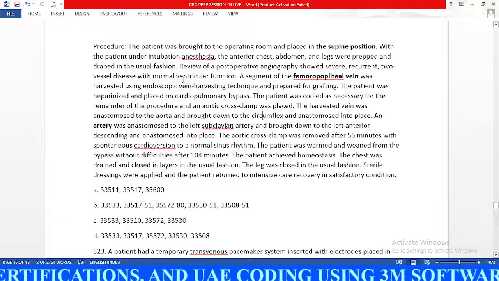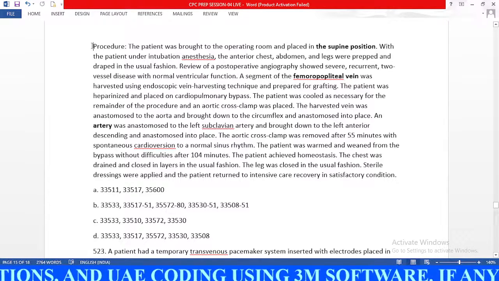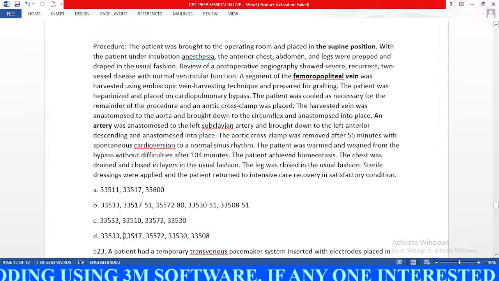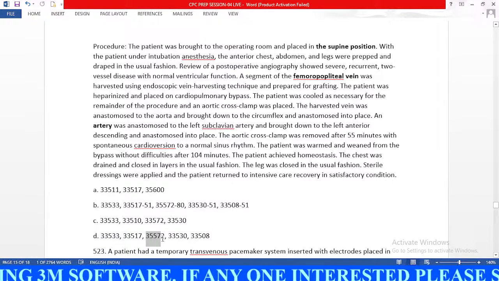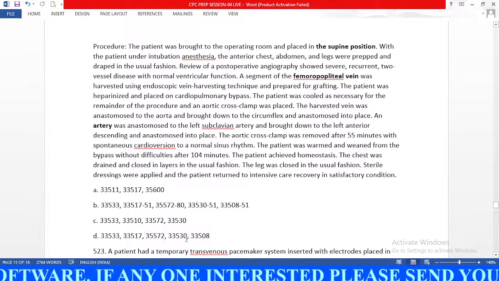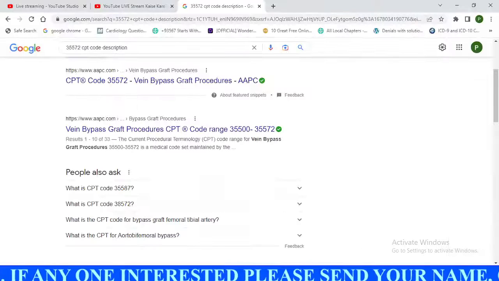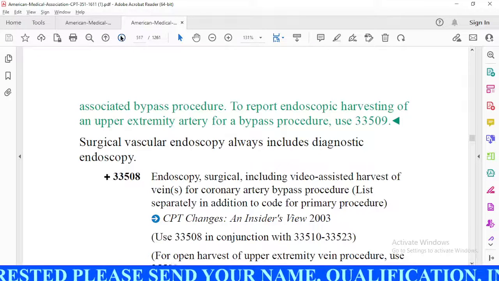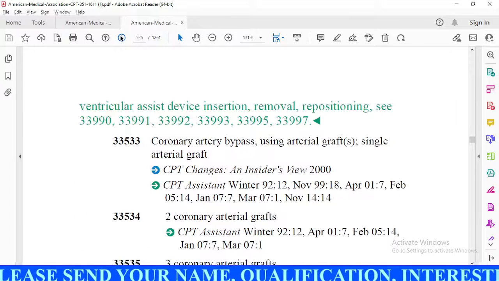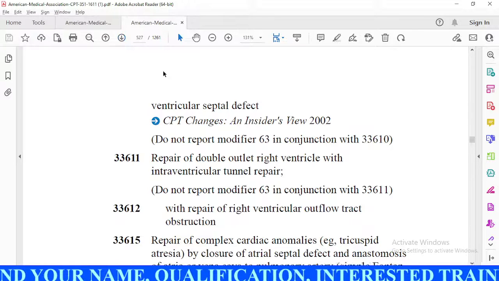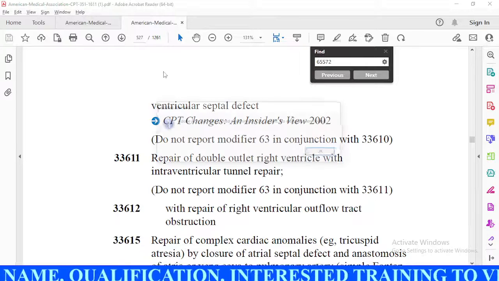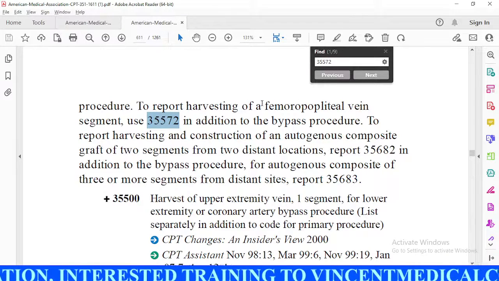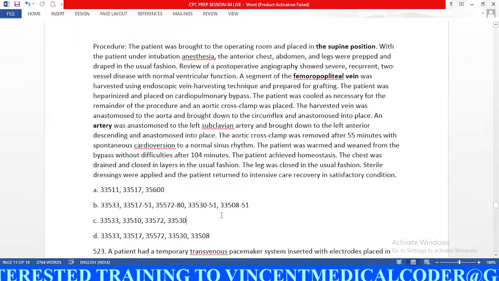This is a very knowledgeable question. So here we have coded for artery bypass, 33517 for combination of artery vein bypass, and 35572, which is for harvesting of femoropopliteal vein; here we have three keywords.